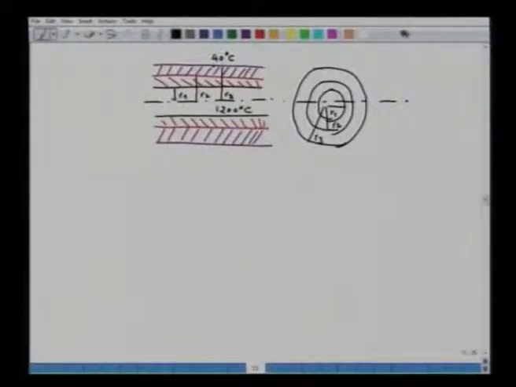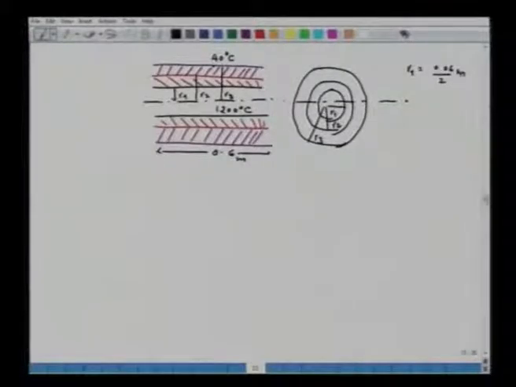That is the maximum heating element temperature, and the length of the furnace given to you is 0.6 meter. R1 is equal to the outer diameter, 0.06 upon 2, in meters.